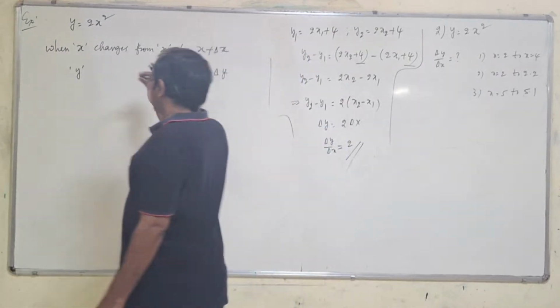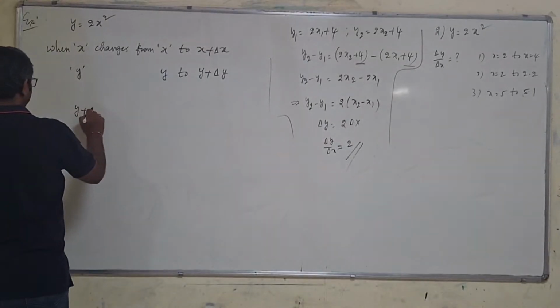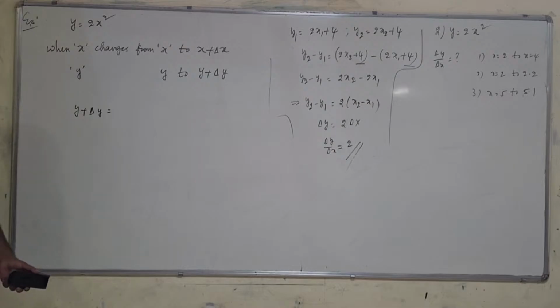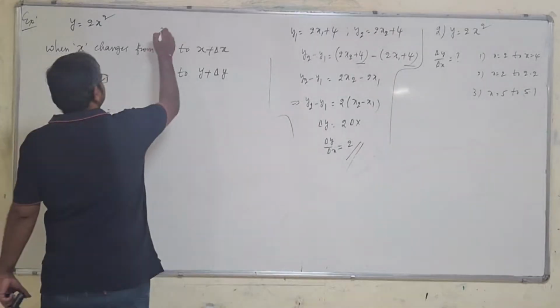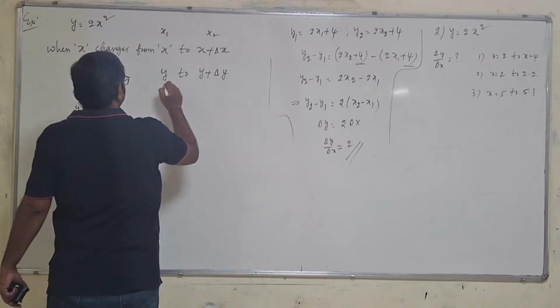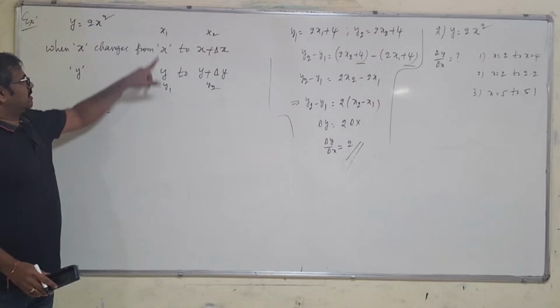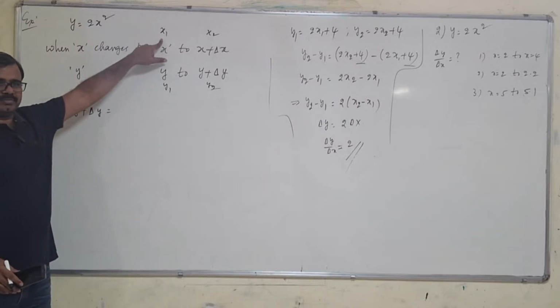If y is equal to 2x square, y plus delta y is equal to what? This is x1, this is x2, this is y1, this is y2. y1 is equal to 2x1 square.